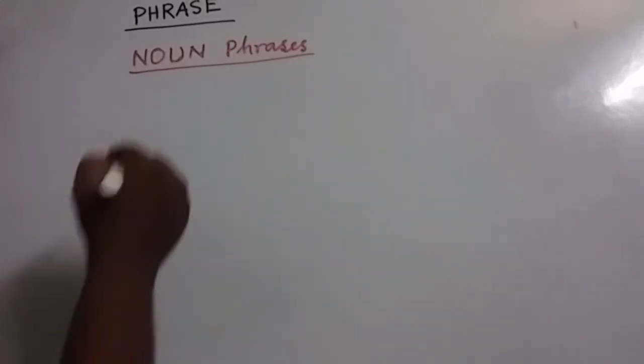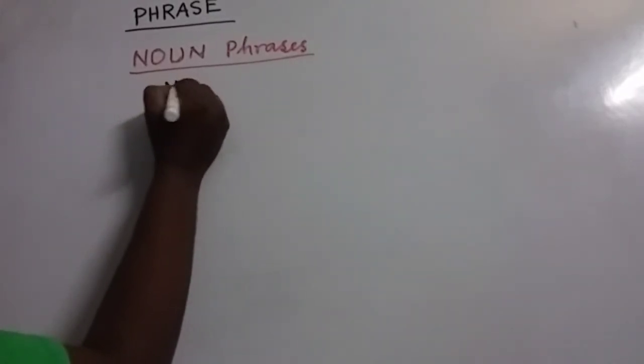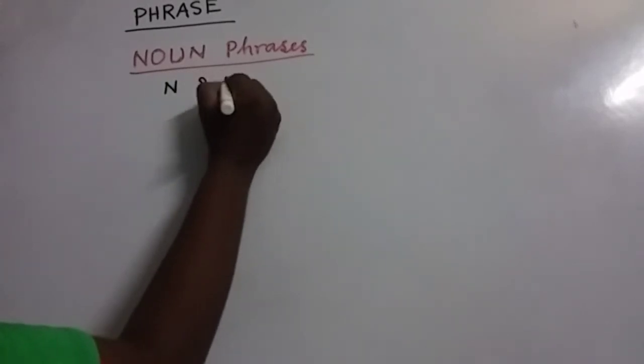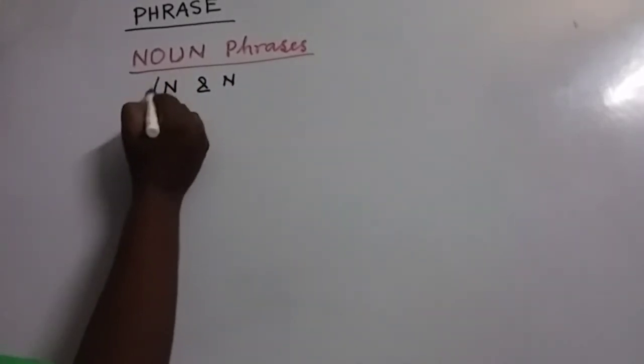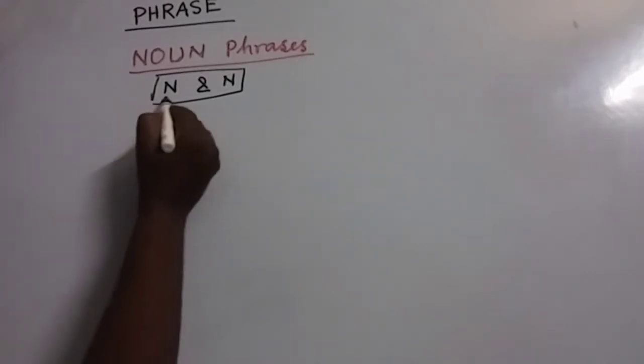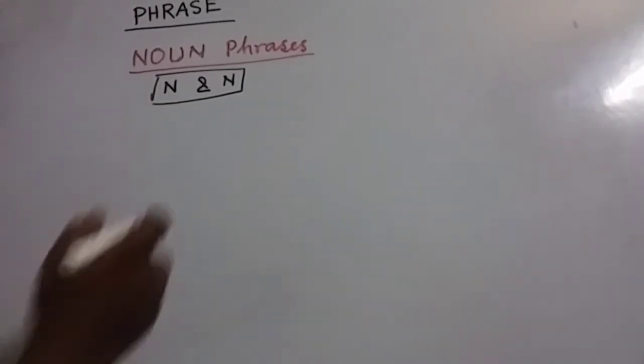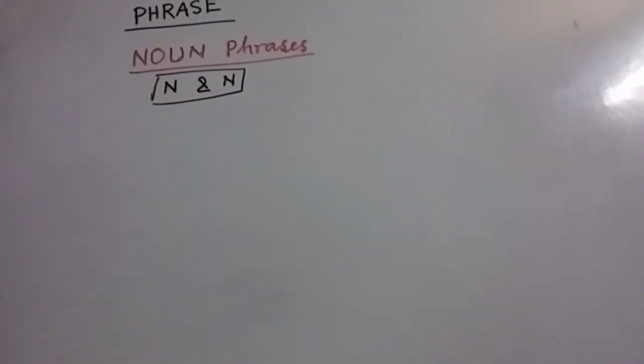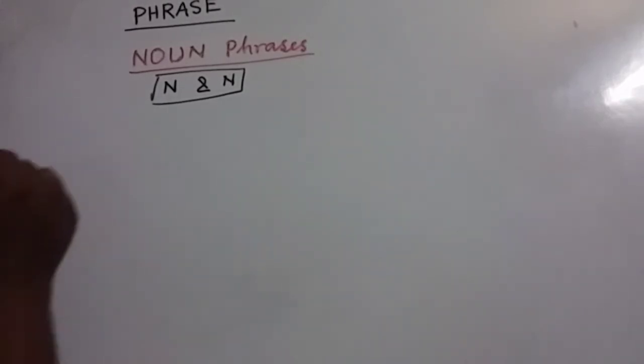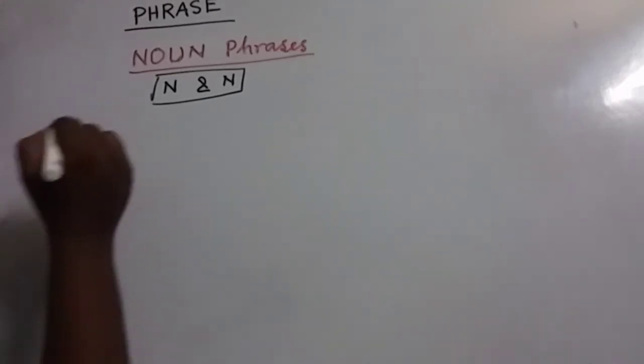First of all, my dear friends, noun and noun, in this way noun phrases are formed. That means two or more nouns are joined by "and". In this way we can form a noun phrase. I am just going to give you an example.